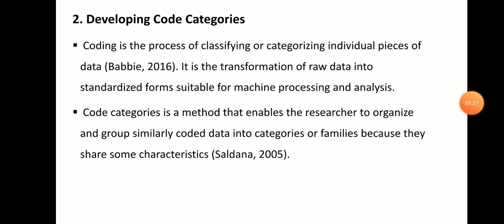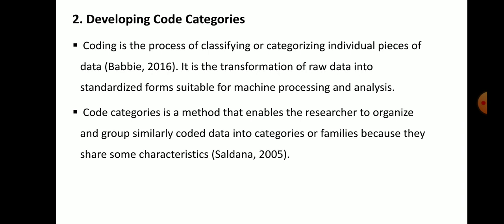Now we move on to developing code categories, which is really an important and essential part of this section. So I will start first by defining coding as well as code categories. Then I will discuss how to code data with different kinds of questions. So coding is the process of classifying or categorizing individual pieces of data.